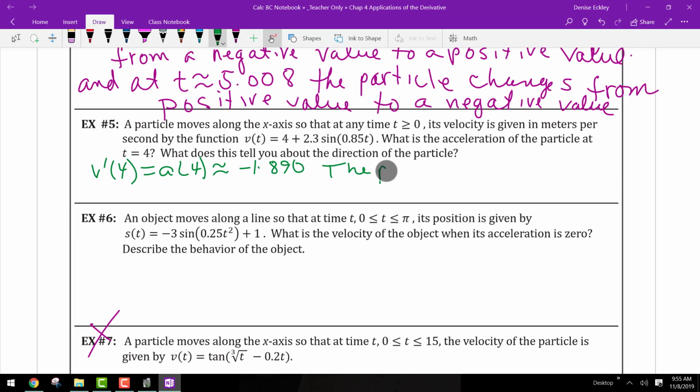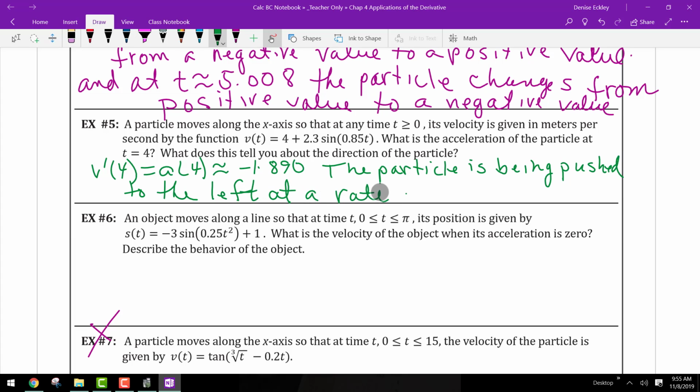The particle is being pushed to the left at a rate of negative 1.890 meters per second squared.